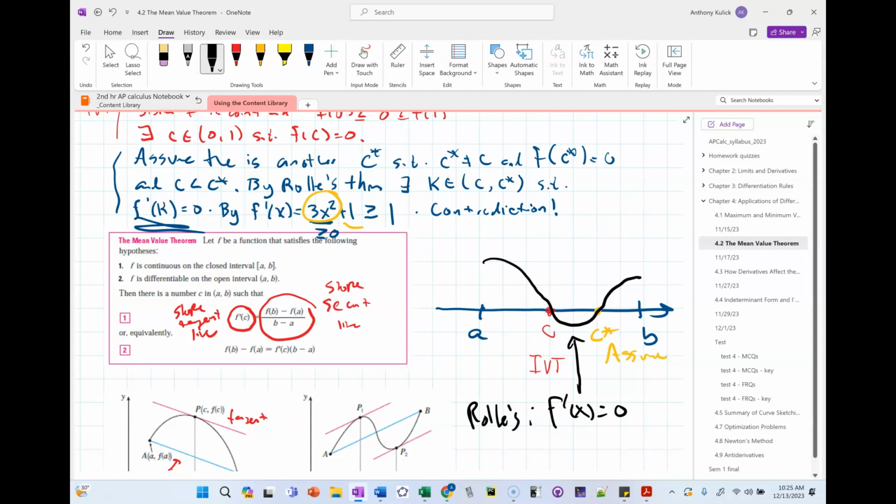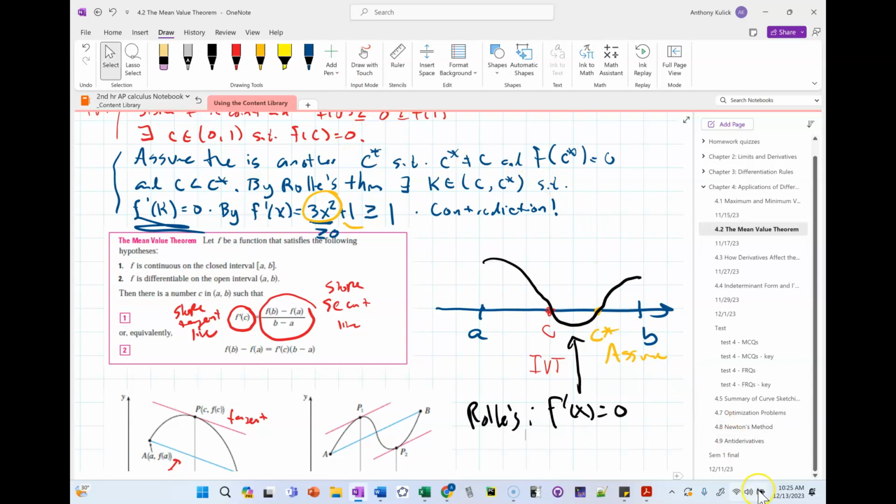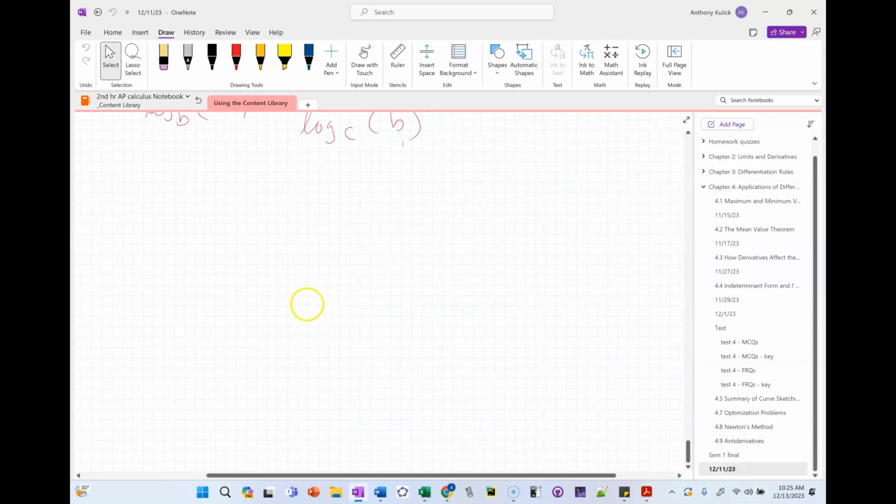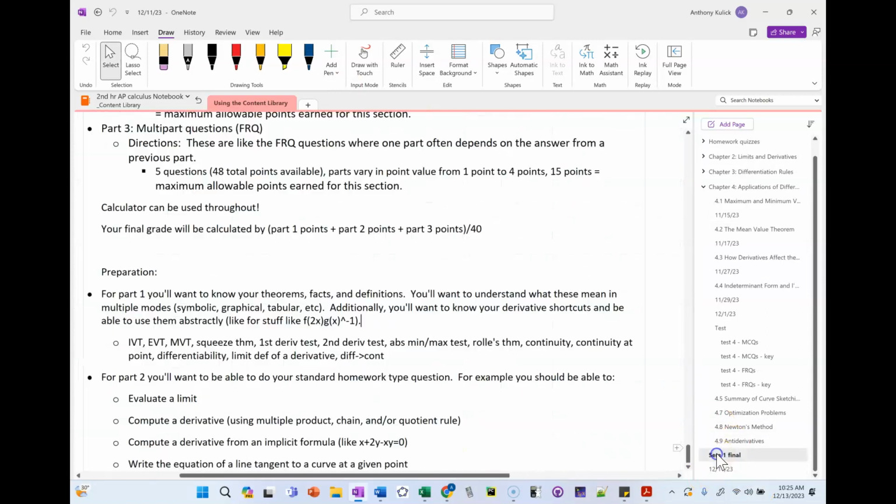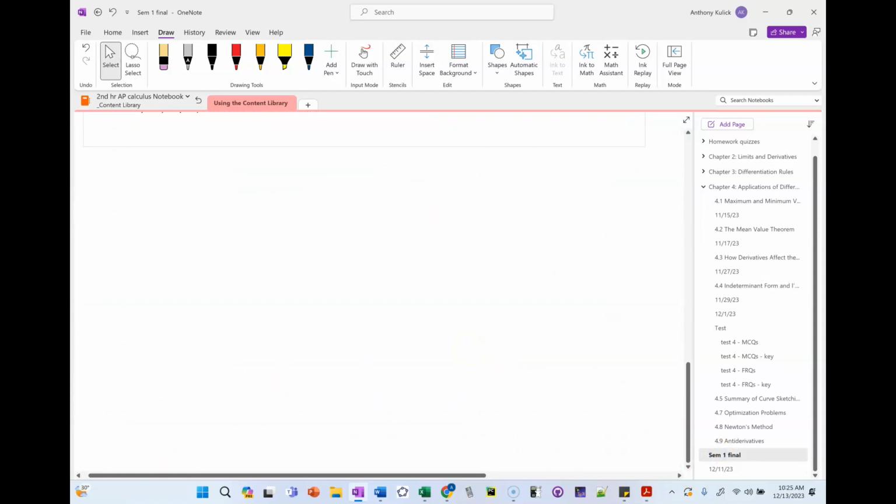Carmen, can we go over how to write the tangent line equation? Sure.